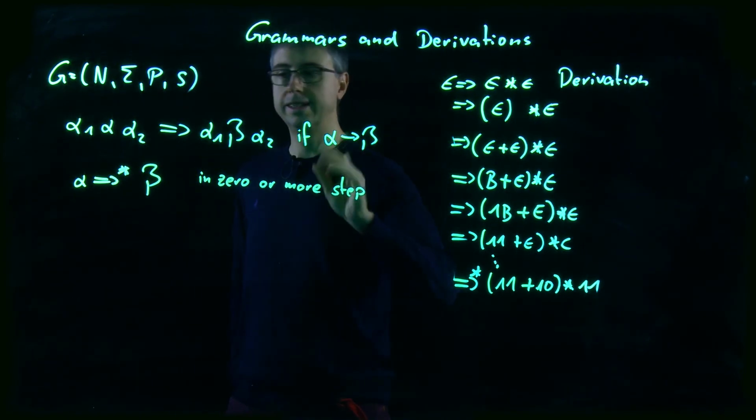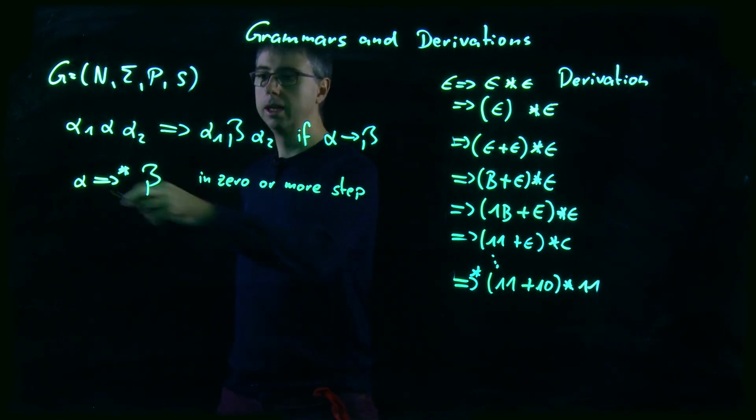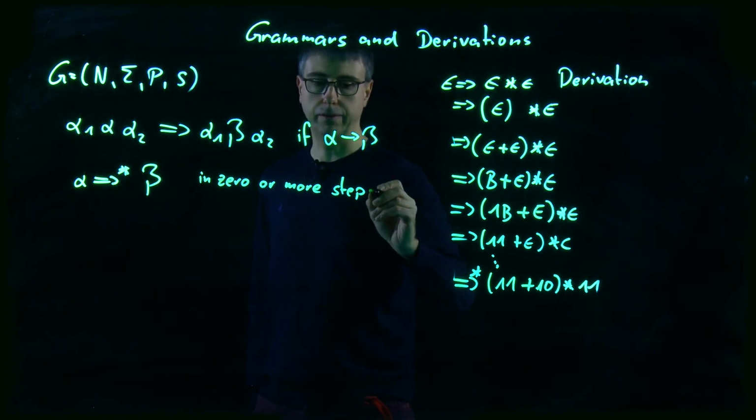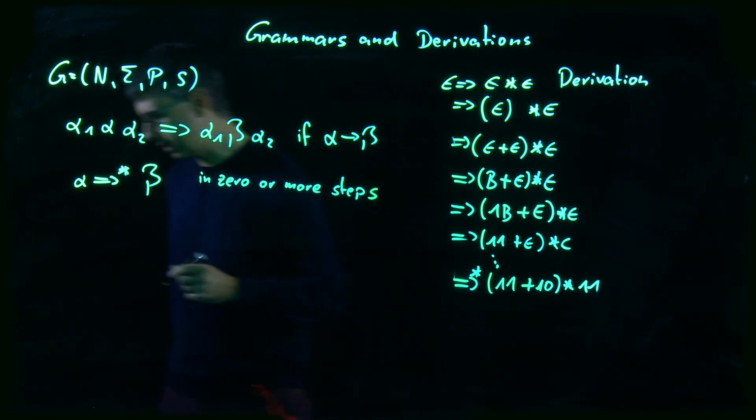So if we do 0 or more of these derivation steps, then we have such a possible derivation in the reflexive transitive closure. That's the idea.